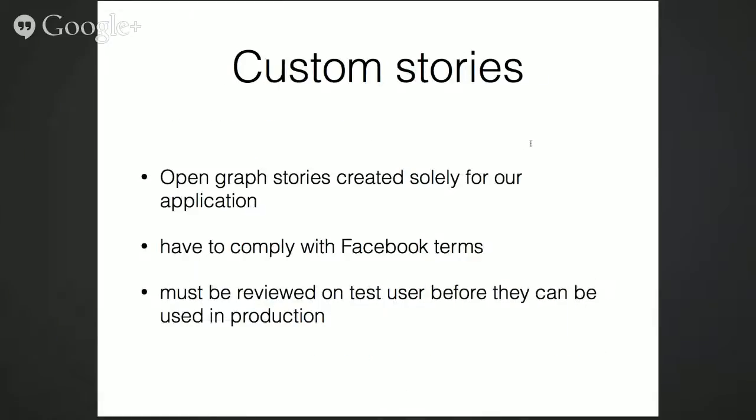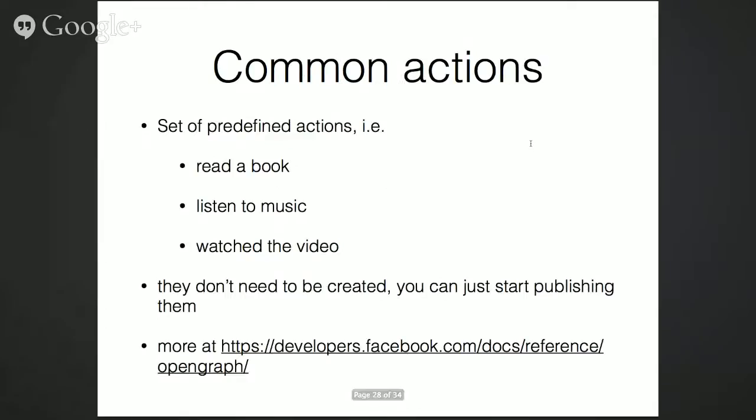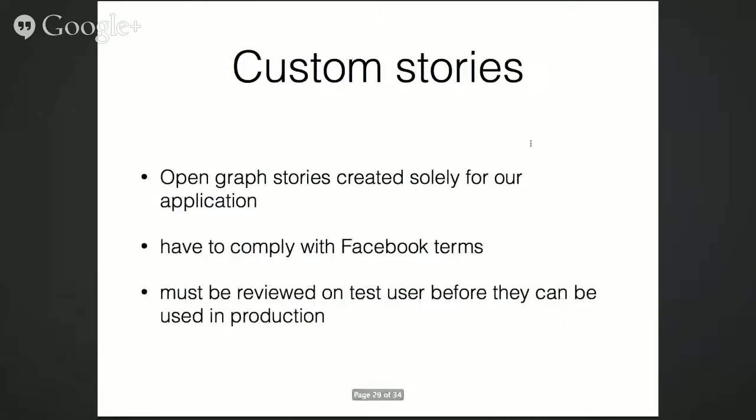In the second case, we have custom stories, which are created solely for our applications. They have to comply with Facebook terms and must be reviewed on a test user before they can be used in production. So the main difference is that with a common action, you define an action like read a book, and with a custom story, you define an action like, I don't know, eat a cevapi, eat a burek, and something like that.